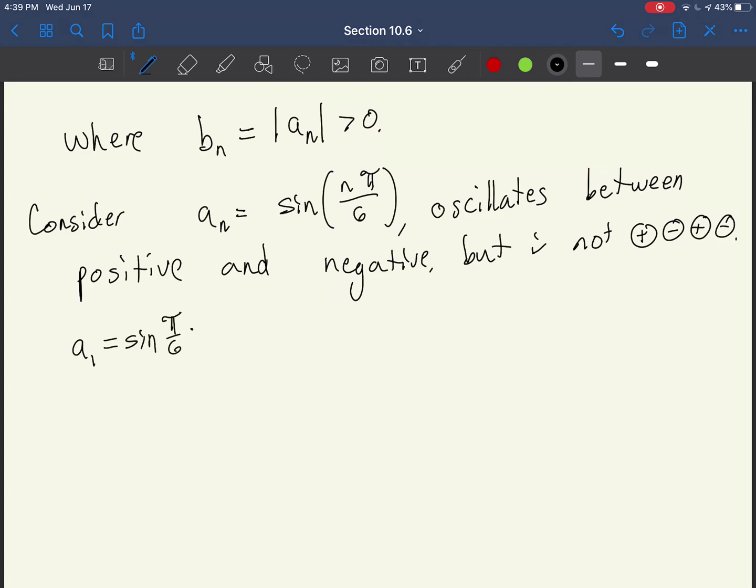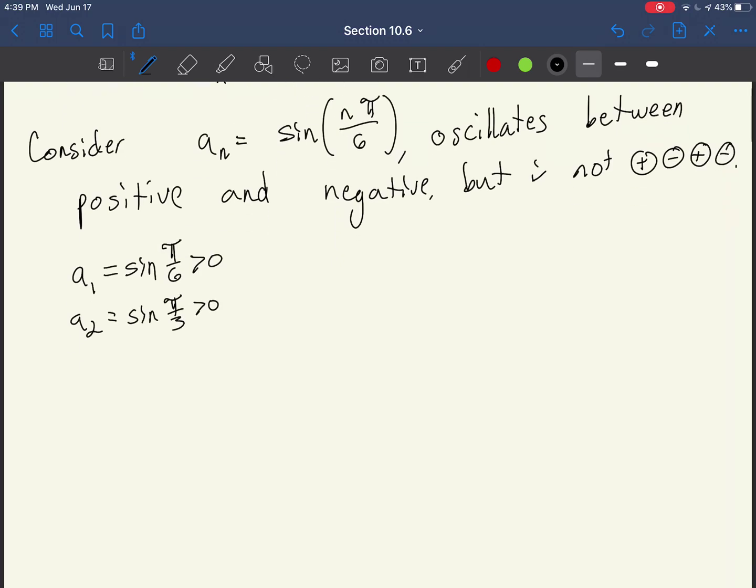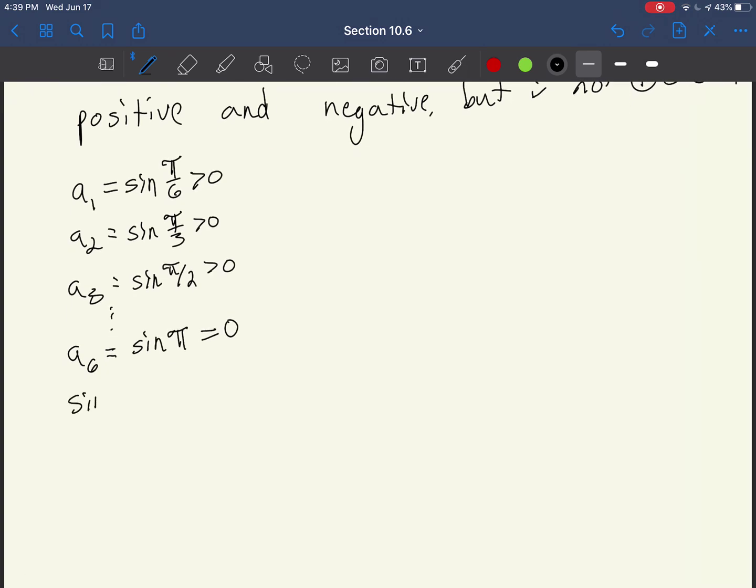If we were to write this out, a1 would be sine of pi over 6, which is positive. a2 would be sine of pi over 3, which is positive. a3 would be sine of pi over 2, which is positive. I'm just going to dot, dot, dot. So we get to a6, which is sine of pi, which equals 0.